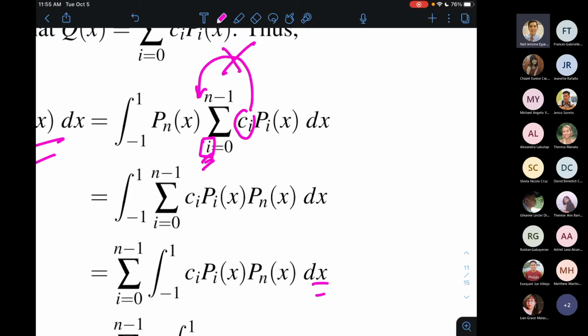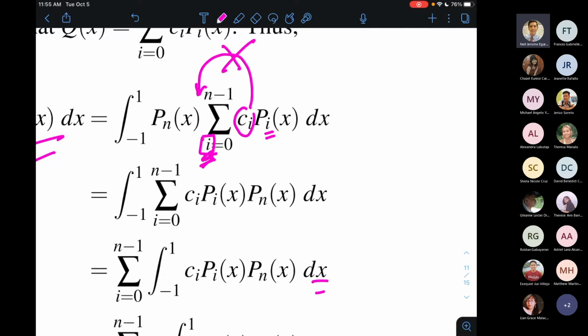i. The same thing goes for P sub i. Hindi sila nakakalabas ng summation kasi yung summation ay indexed by i. So ibig sabihin, dependent itong mga to dun sa index ng summation. So I cannot put them outside of the summation. However, on the other hand, look at P sub n. Si P sub n, wala siyang involved na variable i. So hindi siya dependent dun sa index ng summation.